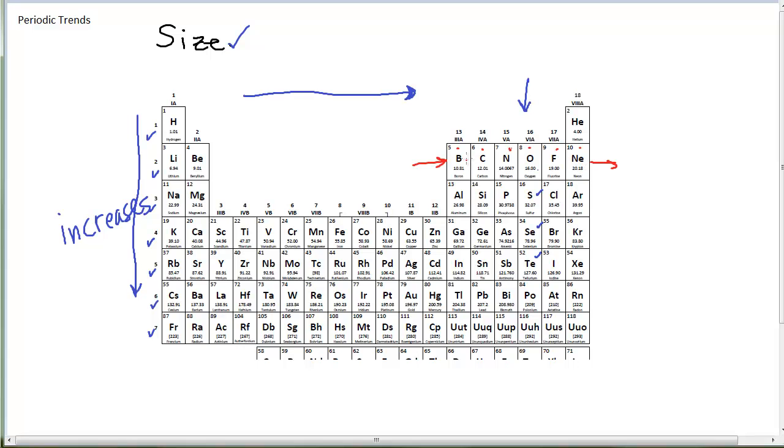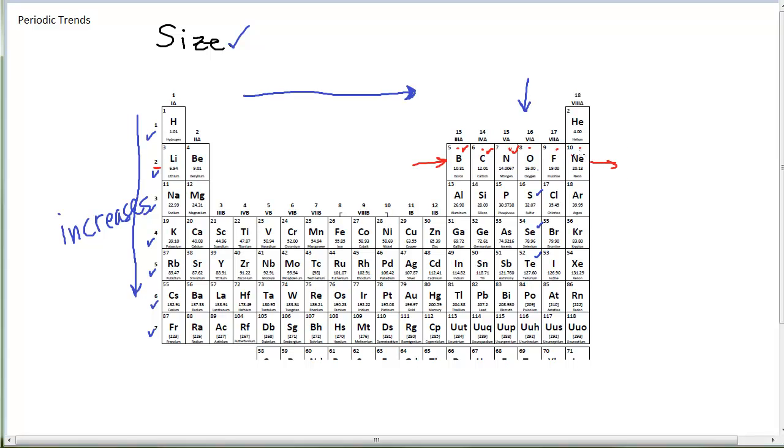Boron's last electron is in the 2p subshell, so boron has one electron in 2p. Carbon has 2 electrons in 2p. Nitrogen has 3 electrons, etc. If I were to look at these electron configurations, I would see that they each go up by 1 in the same subshell, the 2p subshell.